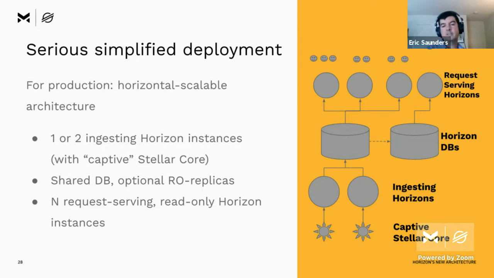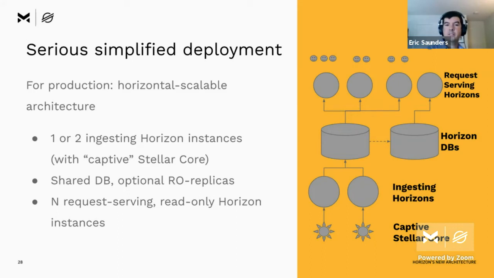These two Horizon instances are only responsible for getting data about the network and feeding it to a database. So they have a Stellar Core so they can communicate and get that fast TX meta. These Horizons do not serve anybody. They're walled off, they're back-end processes, so they're safe from any kind of denial of service or high load coming from user requests. The data is stored in a shared database.